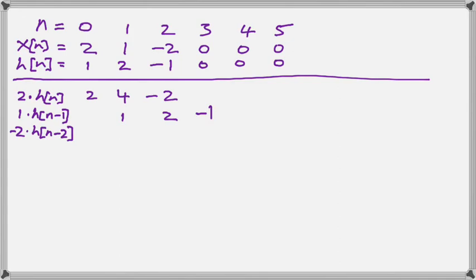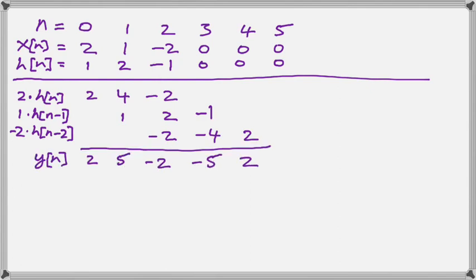Okay, so in the next row now, we have shifted another space and we're starting at 2, and once again we multiply them by -2. So -2 is being used to multiply the 1, 2, and -1, which causes the change in sign. Finally, we add up all the columns, and that gives us our y[n] values.